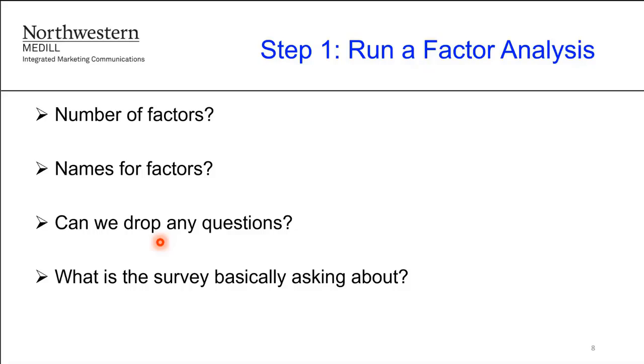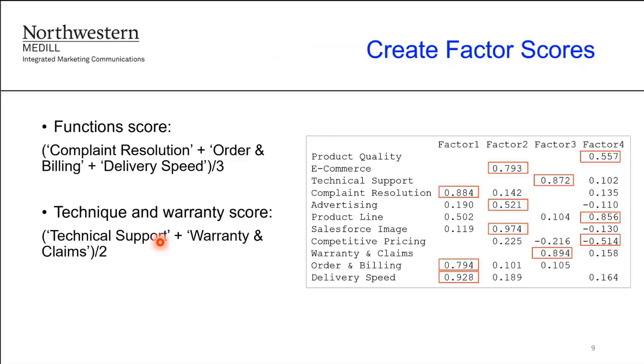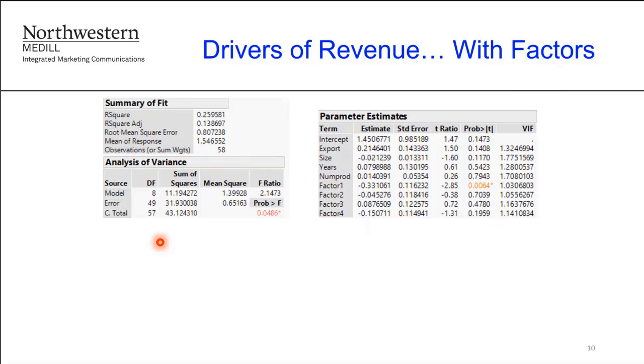Assume that we ran the factor analysis with the data. Let's skip this slide and we will go back to it. This is the regression model with the factor variables, okay?